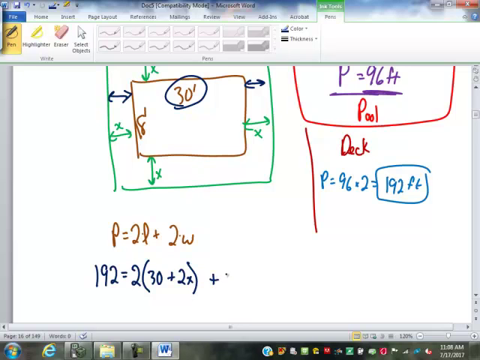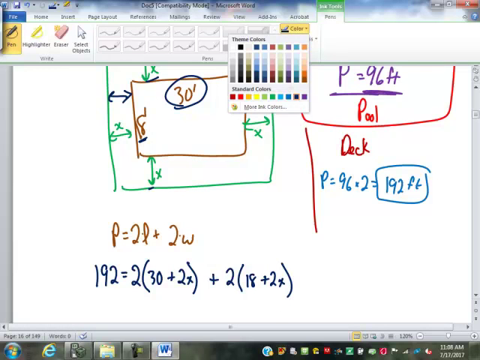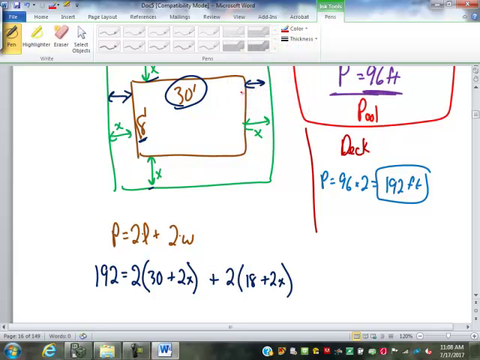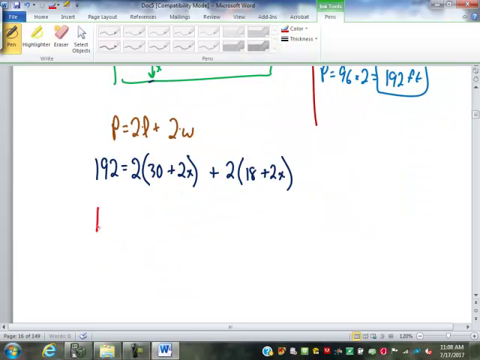Then you're going to add the width, which is going to be 2 times 18 plus x on each side is 2x. So now we're going to multiply the 2 through the parentheses here. 2 times 30, 60. 2 times 2x, that's 4x.